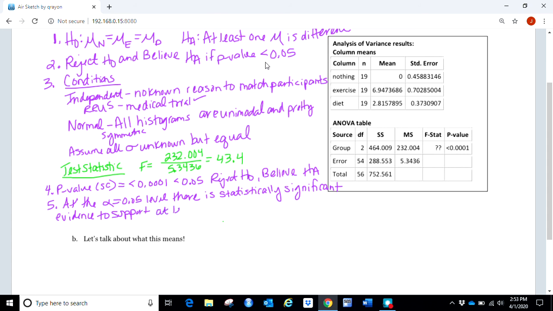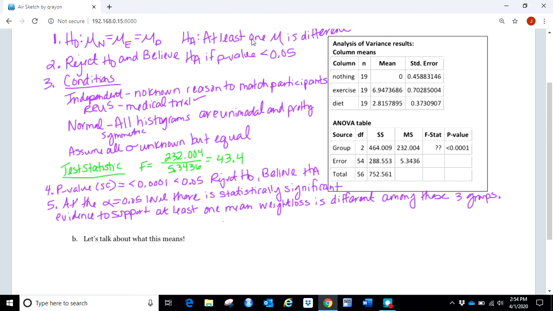So that at least one, right, that's what our alternative hypothesis looks like up here. Mean weight loss is different among these three groups. So that's what our 5 steps look like.